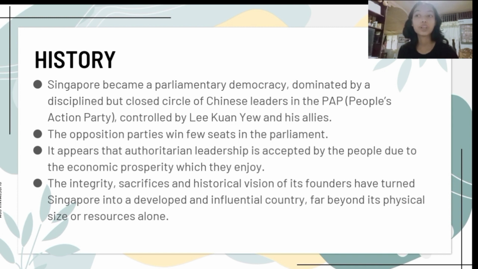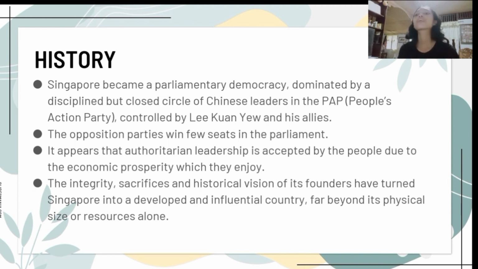And in this situation, because most is dominated by the PAP or the People's Action Party, the result is Lee Kuan Yew became the prime minister, and it appears that authoritarian leadership is accepted by the people due to the economic prosperity which they enjoy.